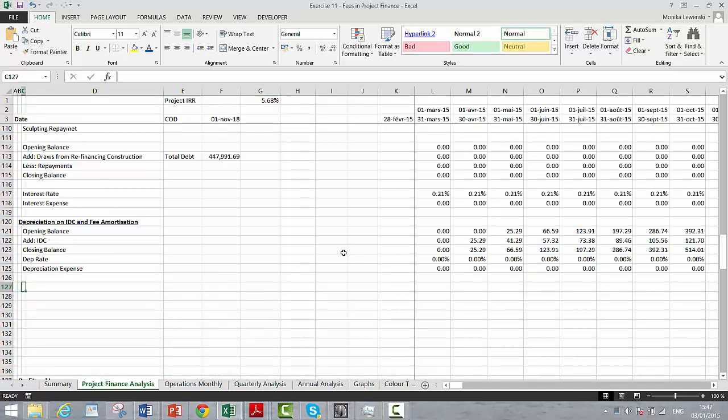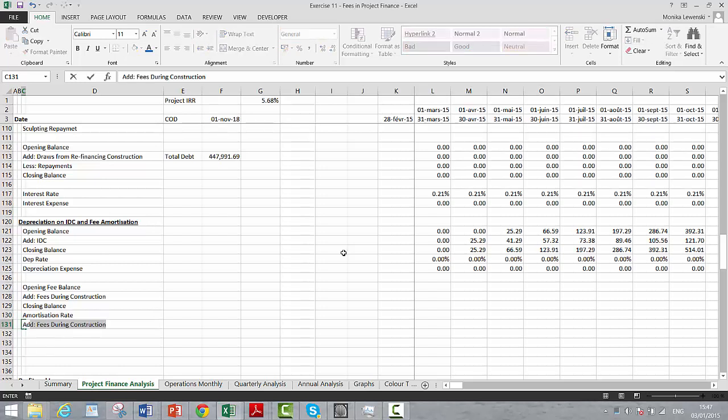So let's put opening fee balance, add the fees during construction, put our closing balance, put an amortization rate, and then let's put an amortization expense.